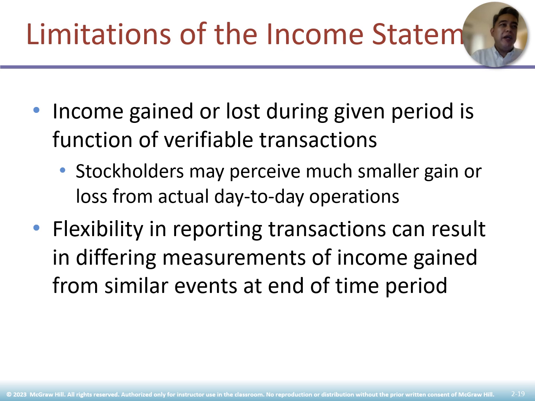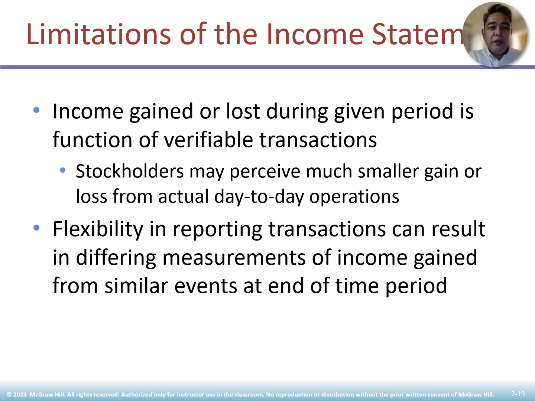So we talked about the income statement, we talked about the EPS and how it's calculated. We related the EPS as part of a formula calculation for the PE ratio. And then we know the limitations of the PE ratio and how it's being looked at. And now we go to the limitations of the income statement.